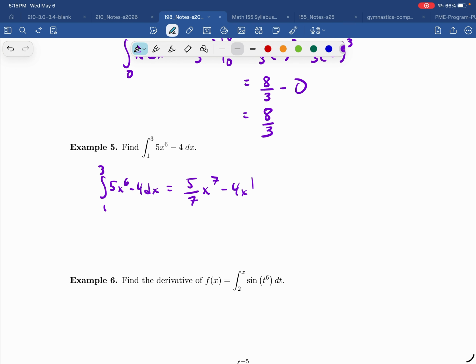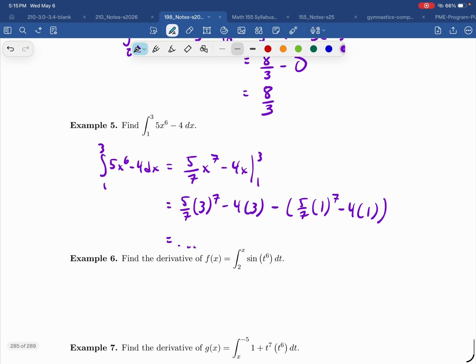It equals 5/7 times 3 to the 7th minus 4 times 3, minus, in parentheses, 5/7 times 1 to the 7th minus 4 times 1. And you could simplify that a little bit if you wanted, but that's the answer. All we do is we antidifferentiate, plug in our endpoints.